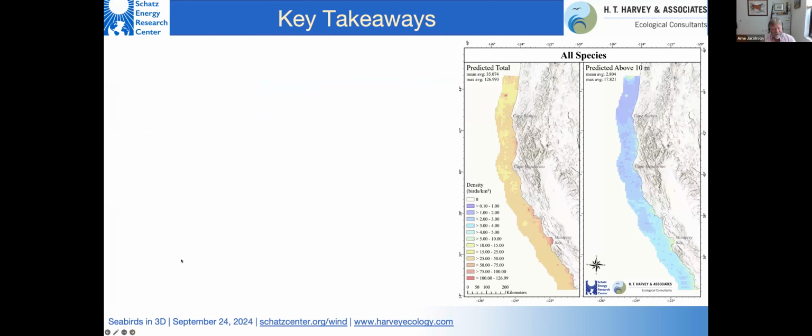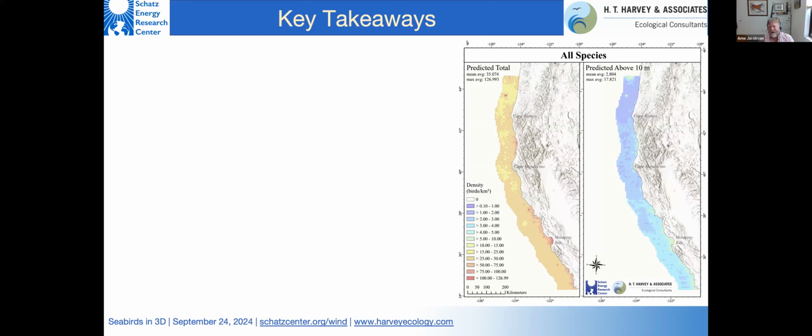And with that, I'll just take a couple of minutes to talk through some key takeaways before passing it over to other colleagues. What's first shown on the screen to the right is a graphic that shows seabird density in birds per square kilometer for all of the seabird species that were included in the study.